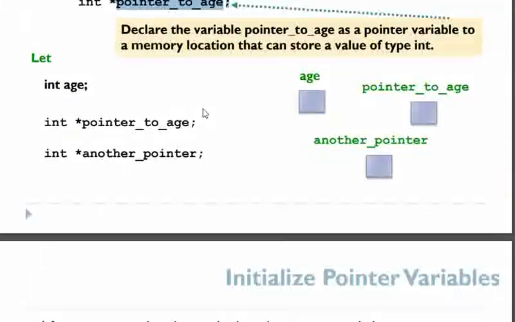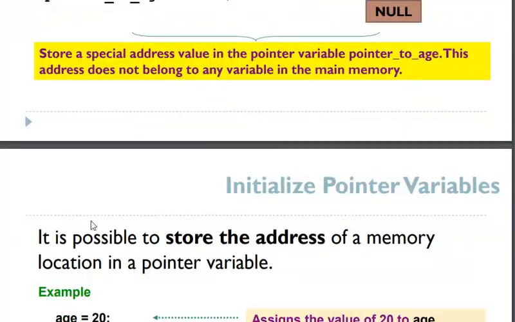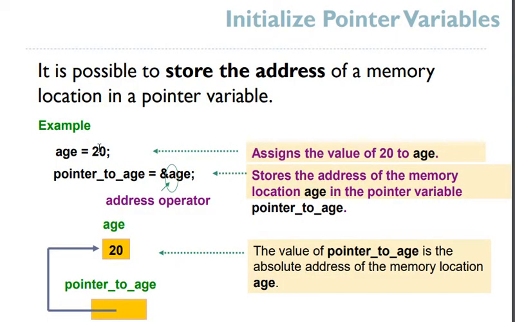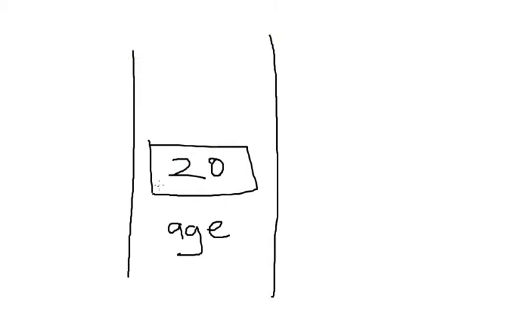If you look at this example, integer h equal to 20, pointed to h, address of h. So this means address of h. Let's say we have a box like this, and this box name is h, and this box has the number 20, and this box is in some cupboard.